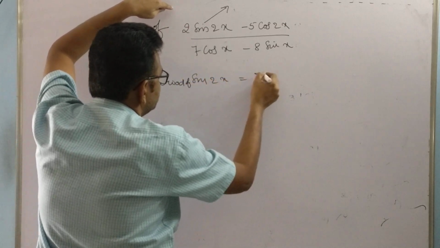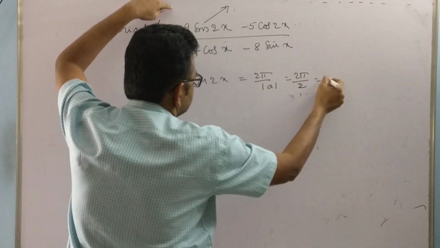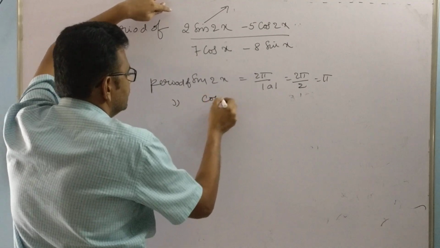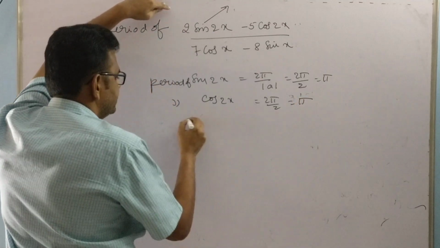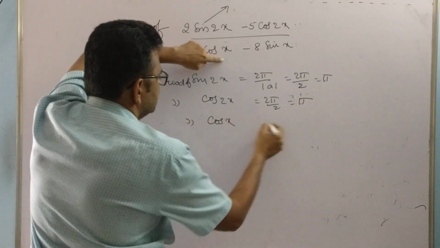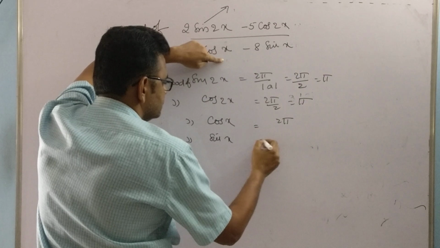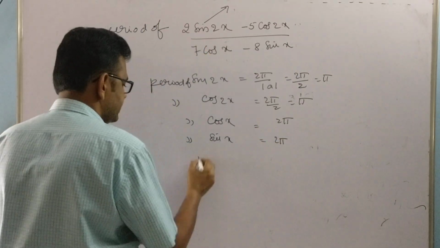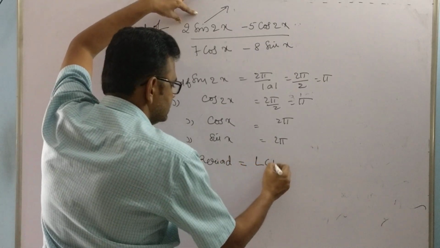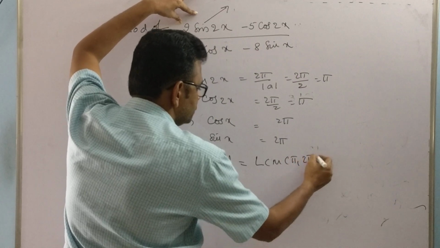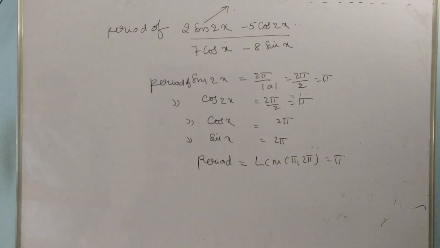Sin 2x is 2 pi by mod a, that is 2 pi by 2, that is pi. The period of cos 2x is also 2 pi by 2, that is pi. The period of cos x is 2 pi. The period of sin x is 2 pi. Therefore, the period of the given function is equal to the LCM of pi comma 2 pi, that is 2 pi. Period is 2 pi.